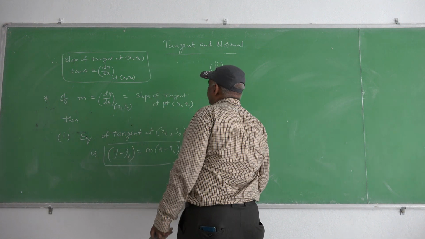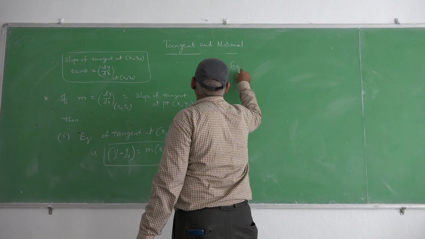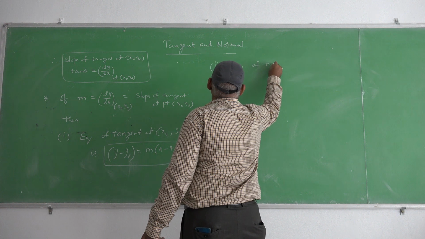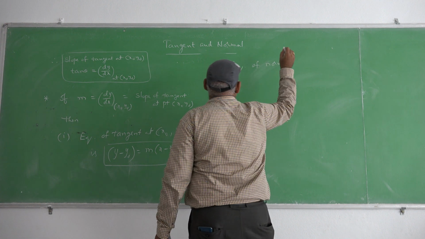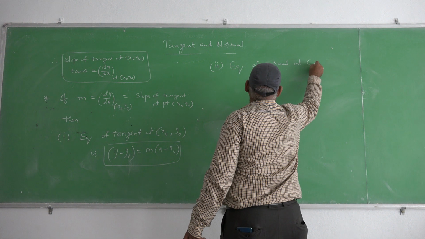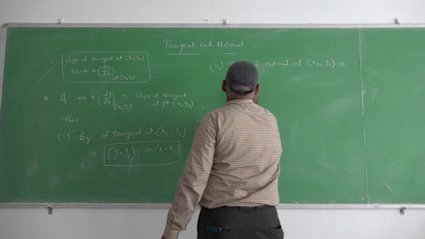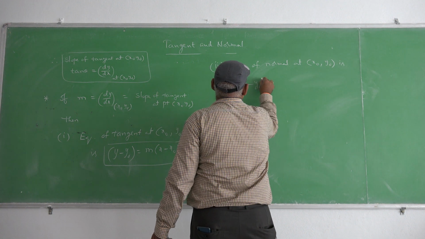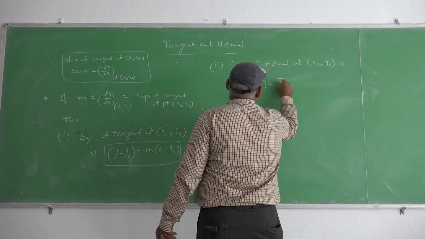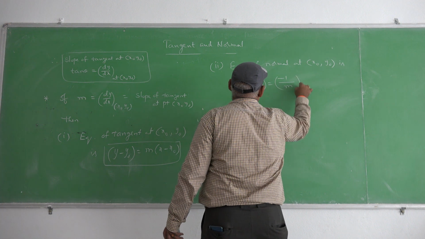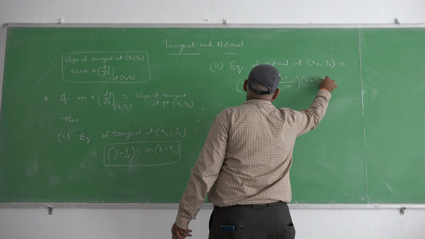The second one, equation of normal at x naught y naught is given by y minus y naught equal to minus 1 by m into x minus x naught.